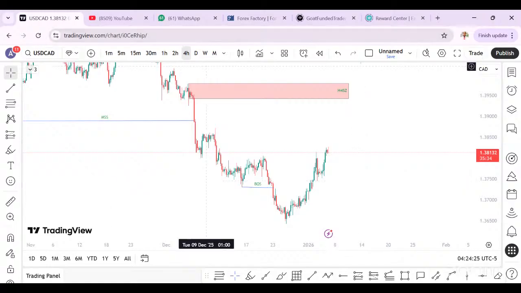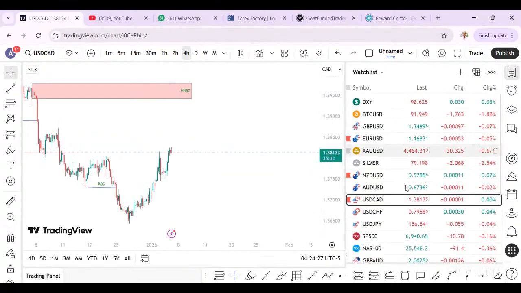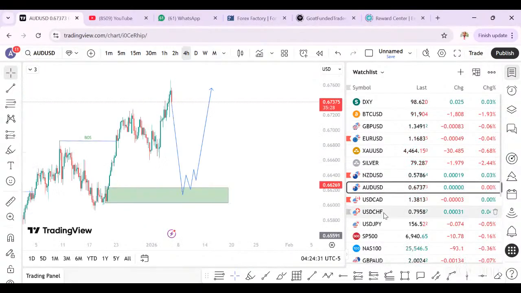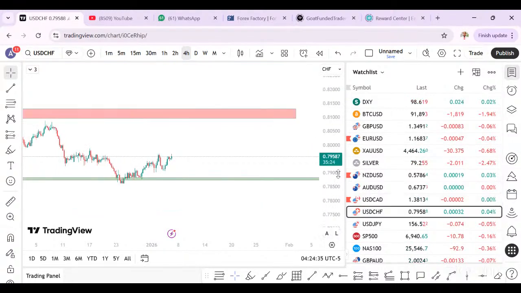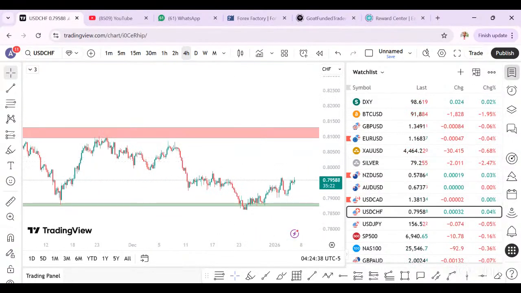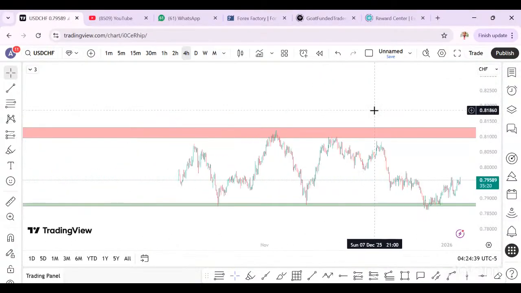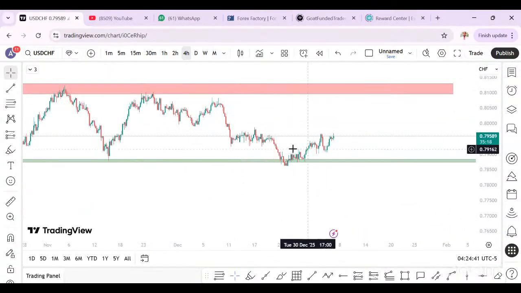So that is EUR/USD. Then we'll talk about USD/CHF. This guy is still what? This is also a ranging market. So I'll give you a strategy to trade a range: you buy from support or you sell from resistance.